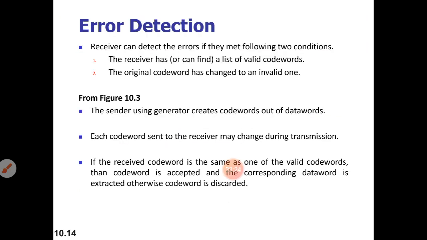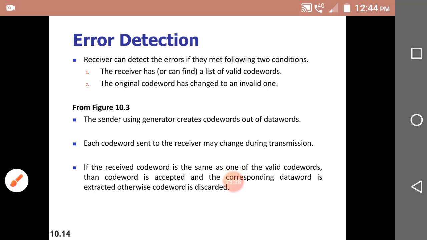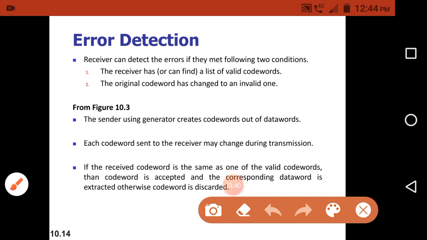Next we will discuss how we can do error detection by using block coding. The receiver can detect the errors if they meet the following two conditions.